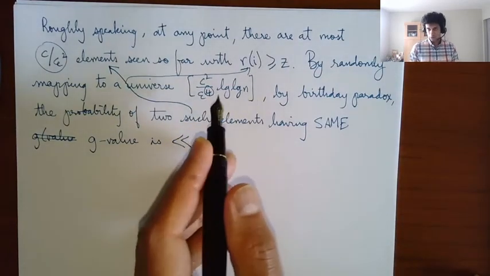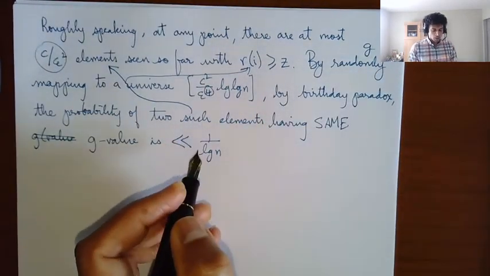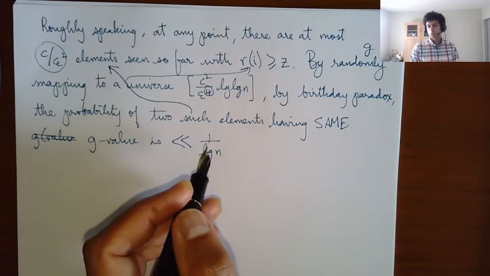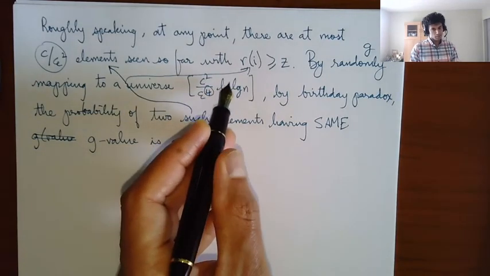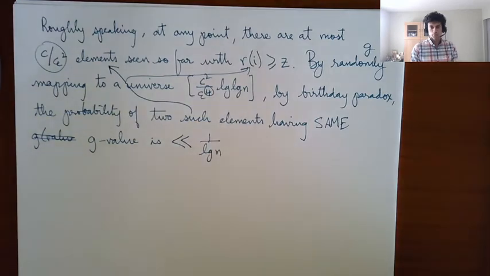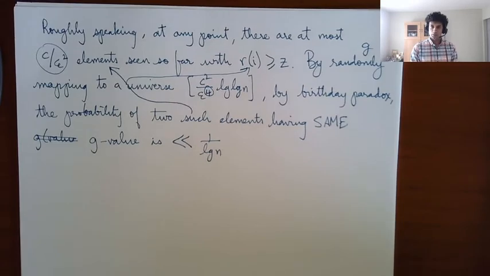Remember, this is the G, the random mapping here. This probability is going to be much smaller than 1 over log n. And you get a 1 over log n because that's exponentiating this quantity. So this is an exercise. It's a somewhat more challenging exercise, but you can work it out.